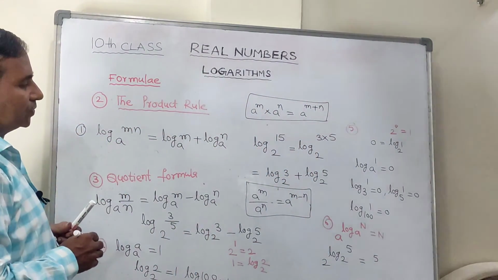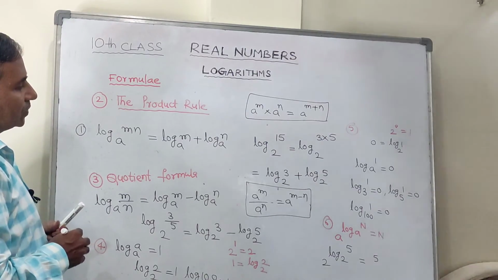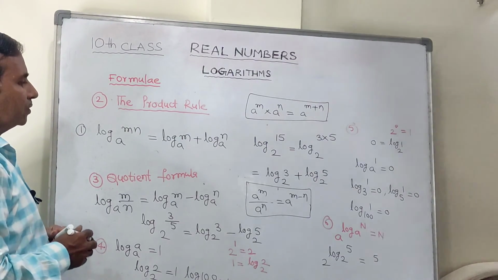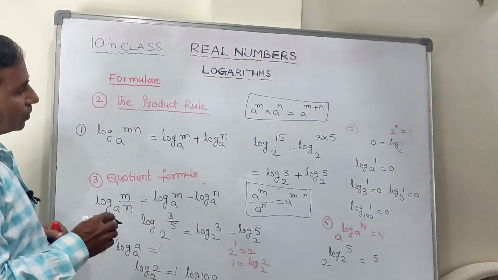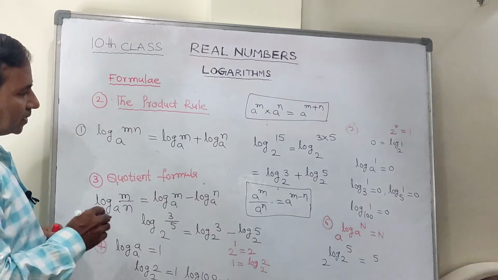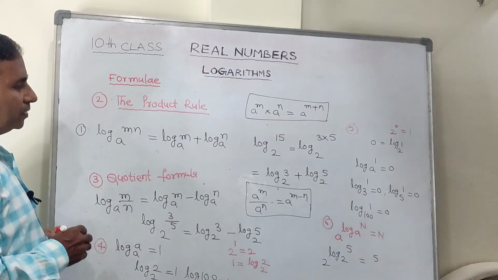So that is also one more formula. These 6 formulas are most important to do the exercise problems. Clear? So before going to the exercise, let us revise all these perfectly.